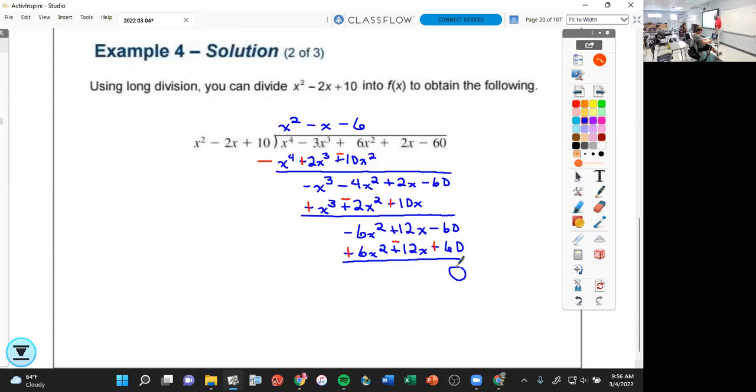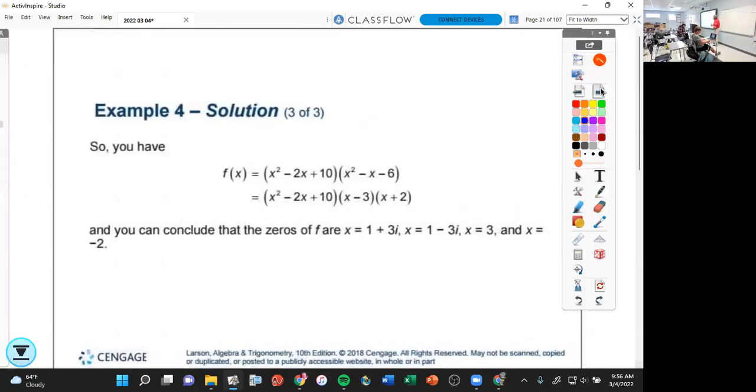So we have x squared minus 2x plus 10. That is factorable in the complex, correct? Because they gave us those complex numbers to get this. X squared minus x minus 6 factors into x minus 3, x plus 2.